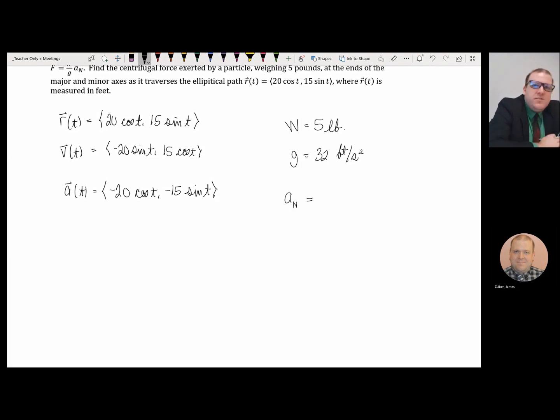The normal component of acceleration is the magnitude of v cross a, divided by the magnitude of v.